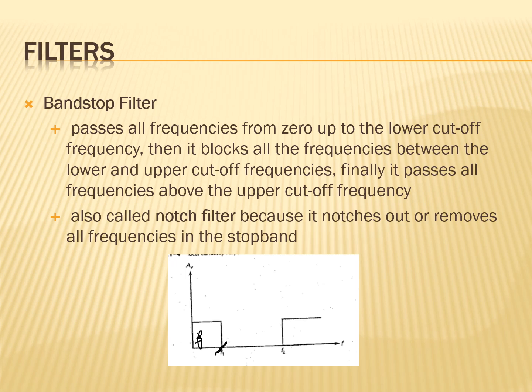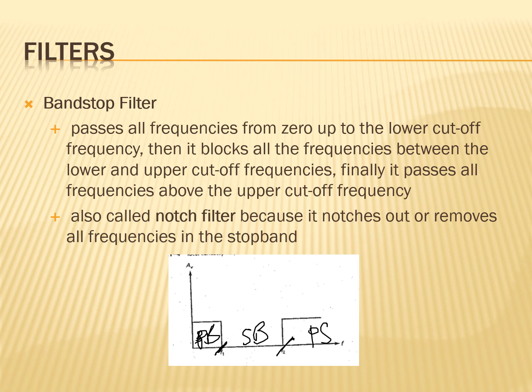So this is our pass band. Then it blocks all the frequencies between the lower and upper cutoff frequencies. So this makes up our stop band. And then again, it passes all frequencies above the upper frequency. So we have now here our pass band.